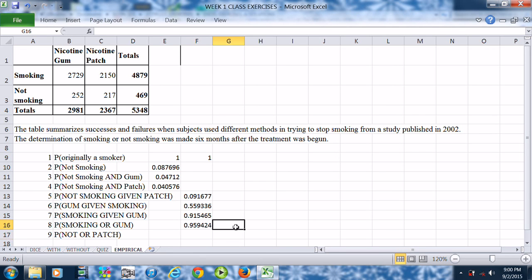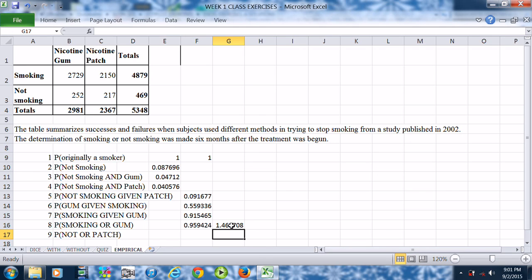Of course, you can just avoid double counting in the first place and just add up all those who are smoking or gum individually. So let's see. So smoking, we get, in parentheses, 2,729 plus 2,150. For the gum, we already counted the 2,729, so just add in the 252. And then divide that by our grand total.